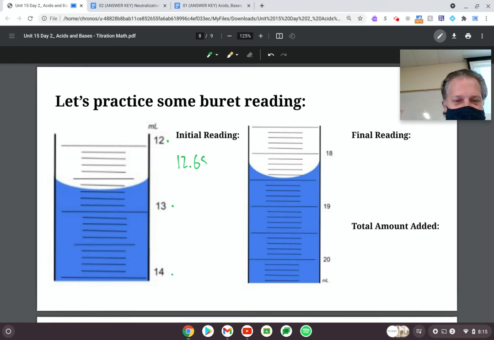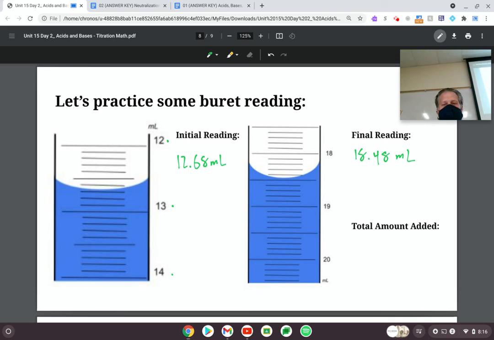So I'm going to say 12.68 milliliters. That's at the beginning. And at the end, it's a little bit more than 4, not quite 5, so I'm going to say 18.48 milliliters.